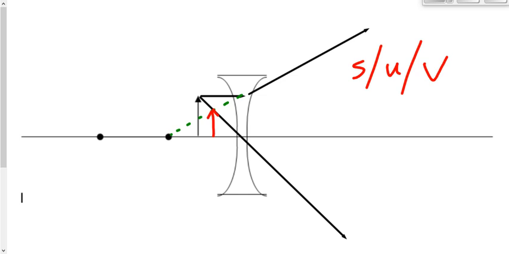Virtual, okay, upright, smaller. If you have a virtual image, it will always be upright. Okay? Not always smaller, sometimes it's bigger, right? In the last type of the convex lens, it was a bigger virtual image, okay? But it will always be upright, virtual. They always go together, okay? If you have a real image, it's always inverted.